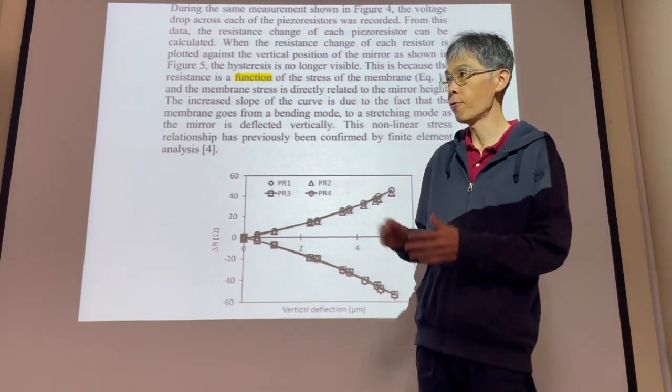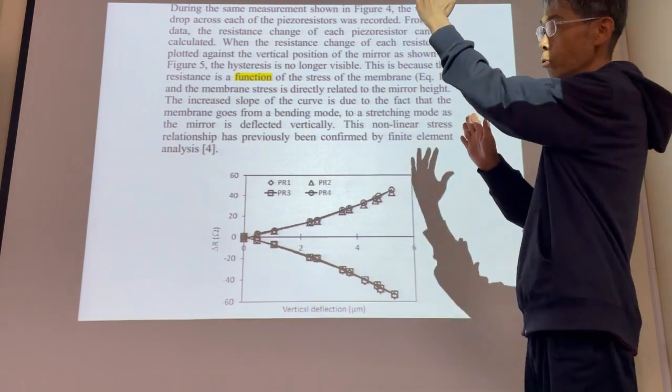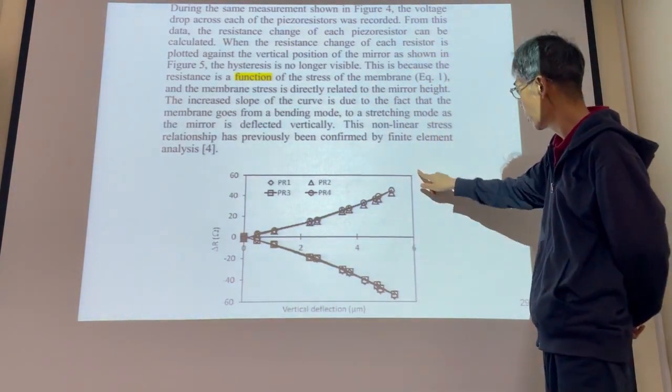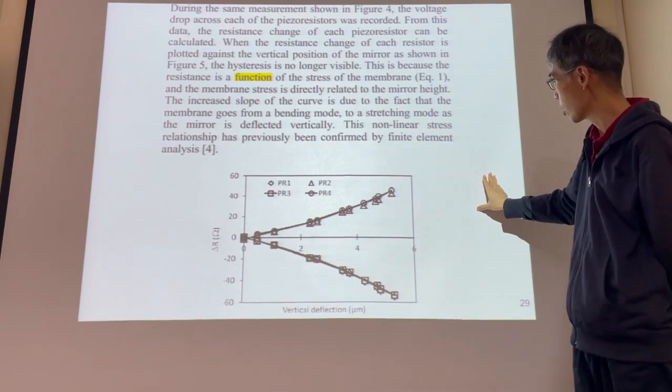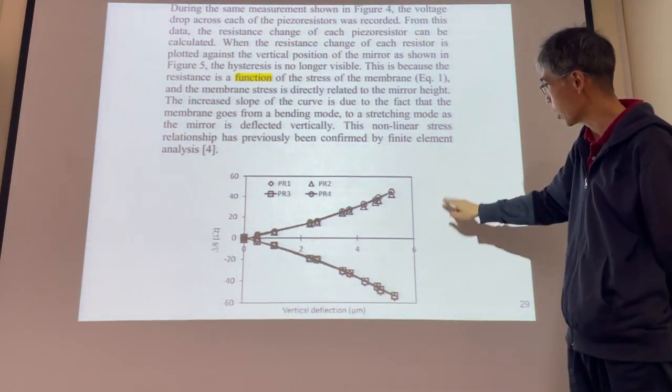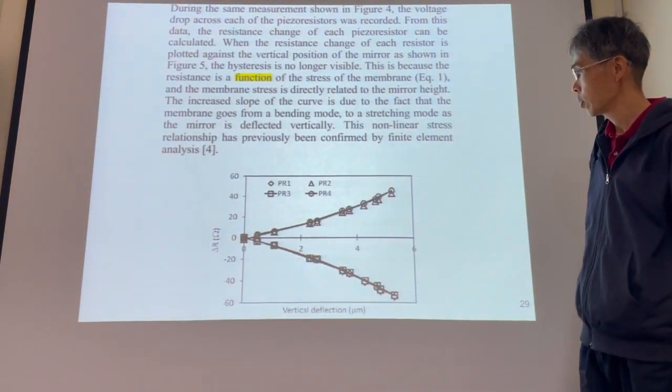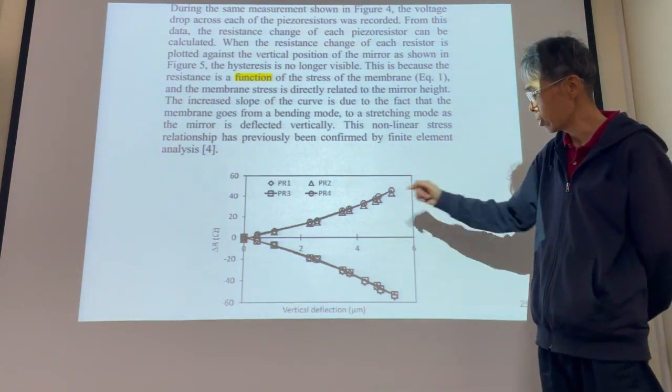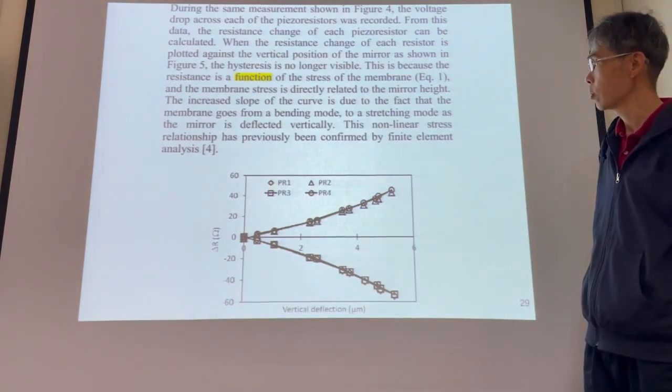So when we design the full Wheatstone bridge, you can imagine this one and this one go up, this one and this one go down. So yes, they could do this. Next page.